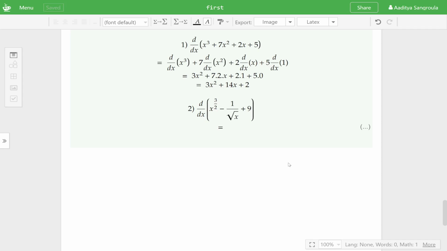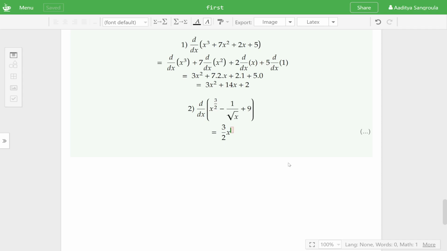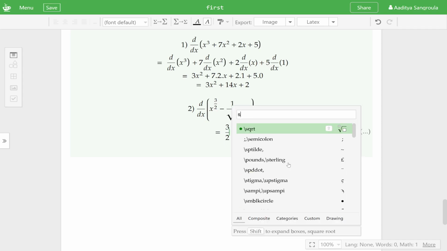I'm not writing it in a long format. I'm just writing it like 3 over 2, and then this is going to be x raised to the power 3 over 2 minus 1. That's going to be simply 1 over 2. So x to the power 1 over 2 is simply the square root of x.